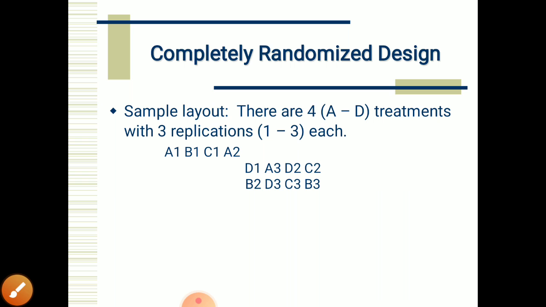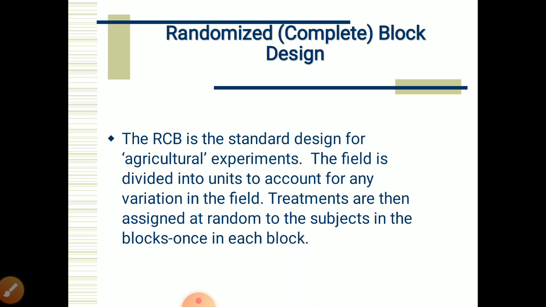Then we'll move on to another important design called the randomized complete block design. As the name says, randomization is compulsory, and complete block. Here the one important difference is that we will have one more source of independent variation to be tested along with one set.